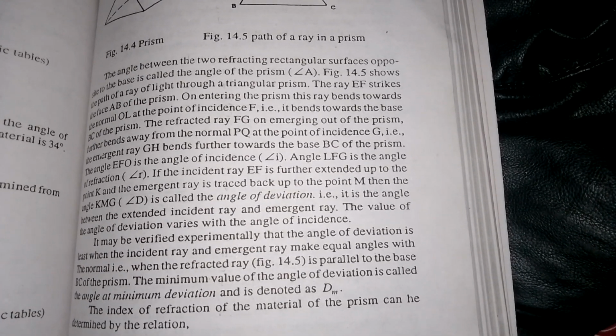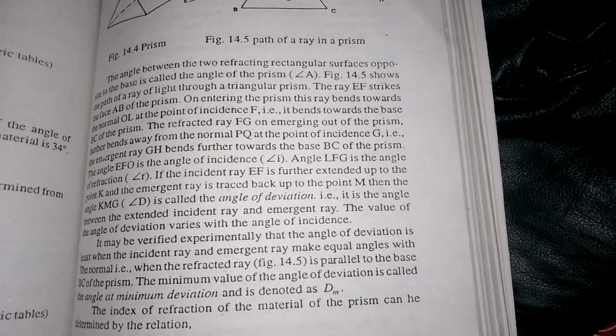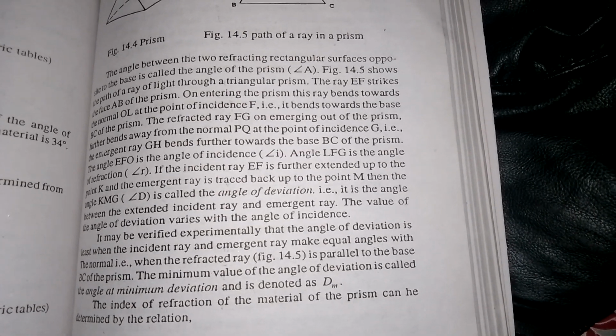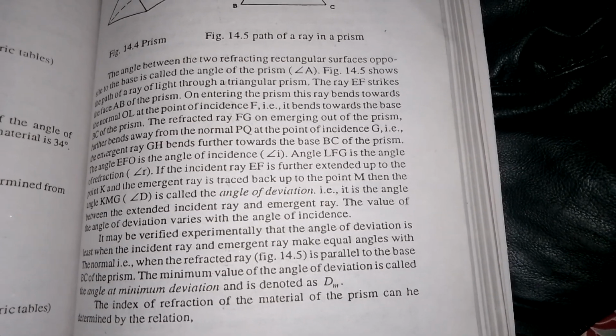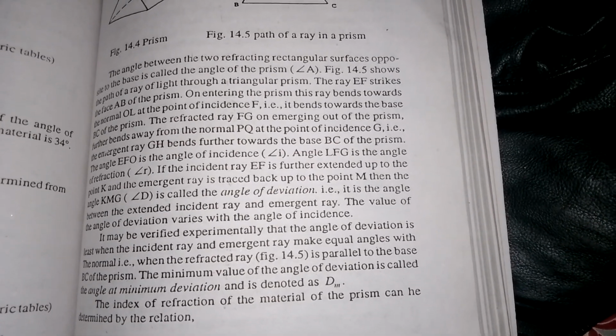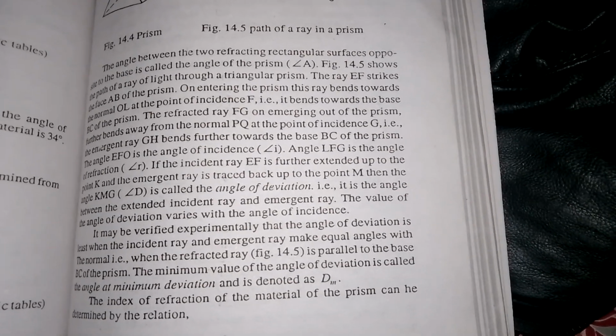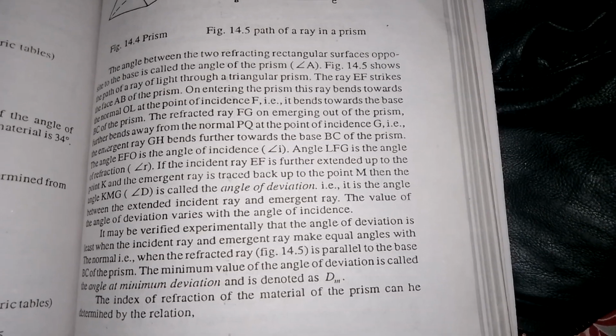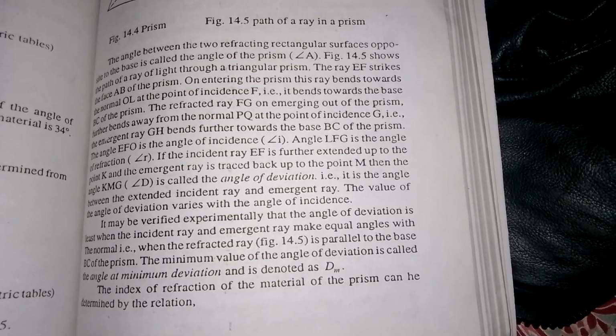If the incident ray EF is further extended up to the point K and the emergent ray is traced back up to the point M, then the angle KMG is called the angle of deviation, that is, the angle between the extended incident ray and the emergent ray.